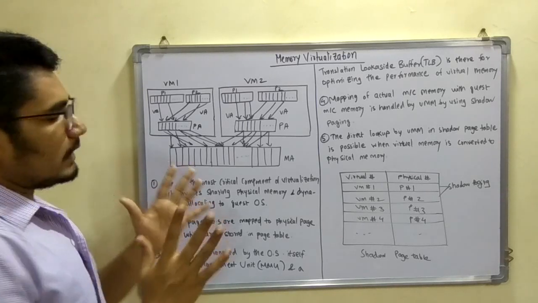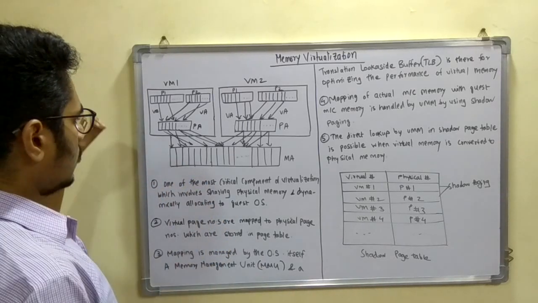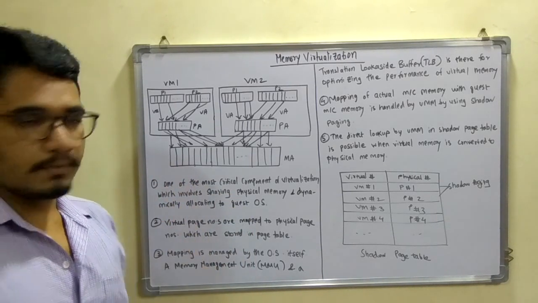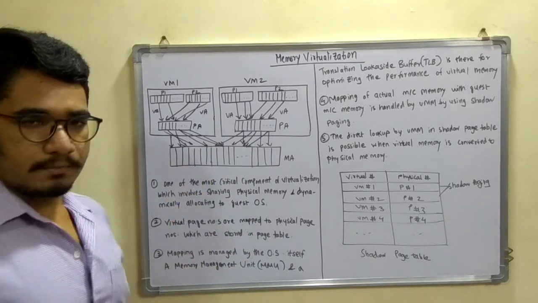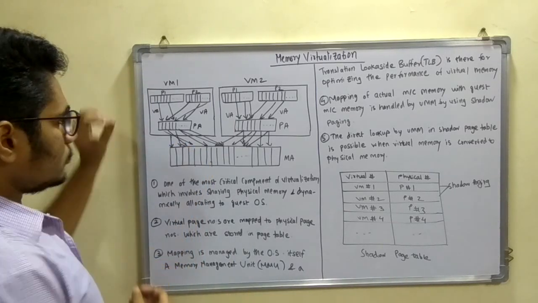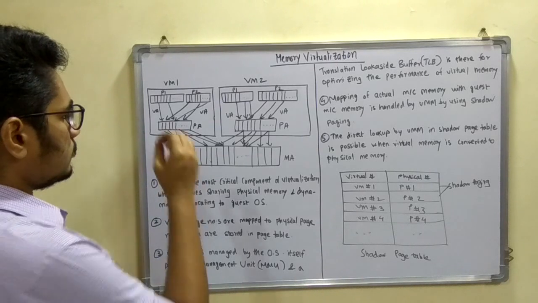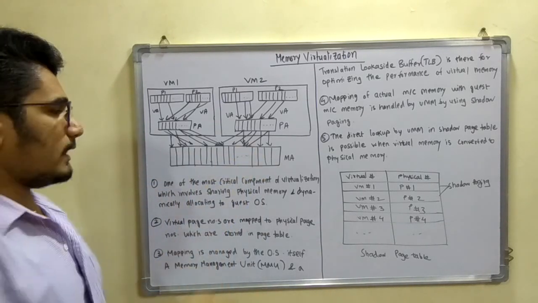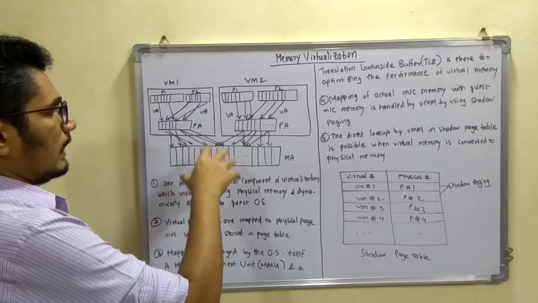Each of these processes will create some virtual address, and this virtual address is then stored at some page called the physical address. This virtual address along with the physical address is used to map to the main machine memory, that is the MA.